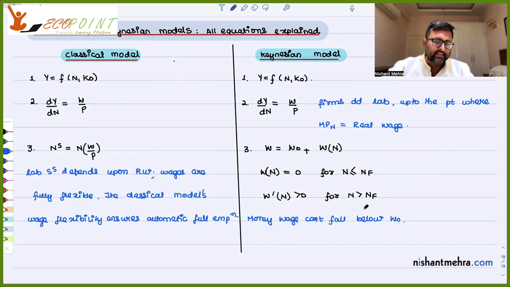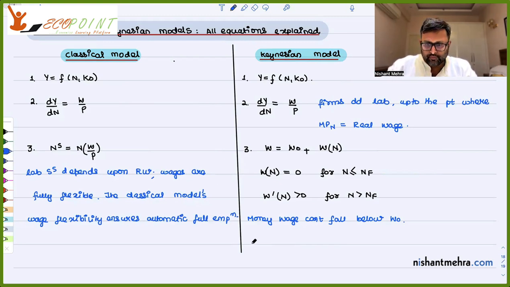So this labor supply function is dependent upon money wage, and money wages are rigid. Rigid means they are downward inflexible: you cannot reduce the wage, but there is no problem if wages are increased.